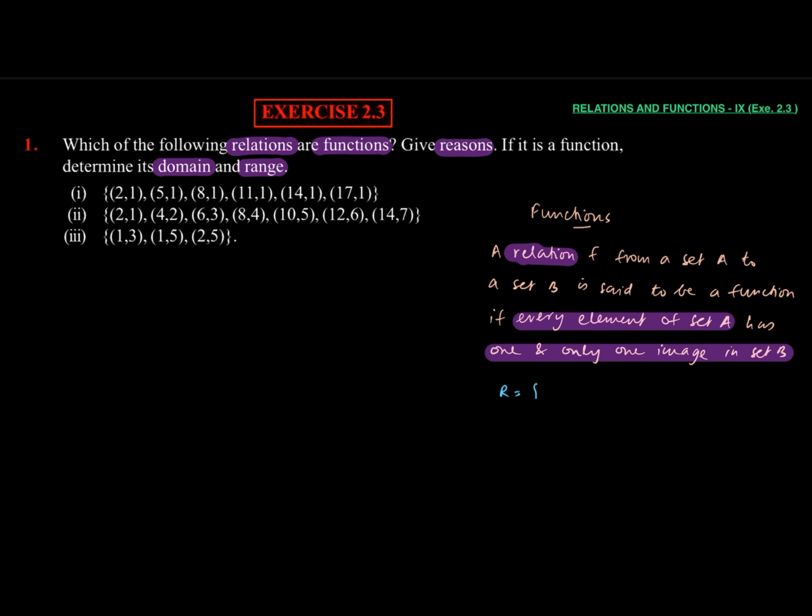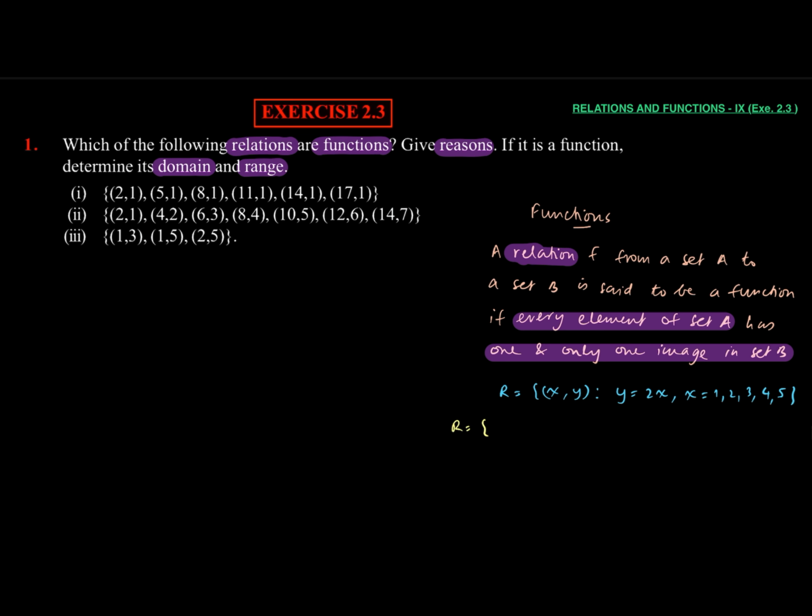Now to understand this, let us take an example. Take for example, we are given a relation {(x, y) such that y = 2x and x = 1, 2, 3, 4 and 5}. Now let us represent this very relation in roster form.